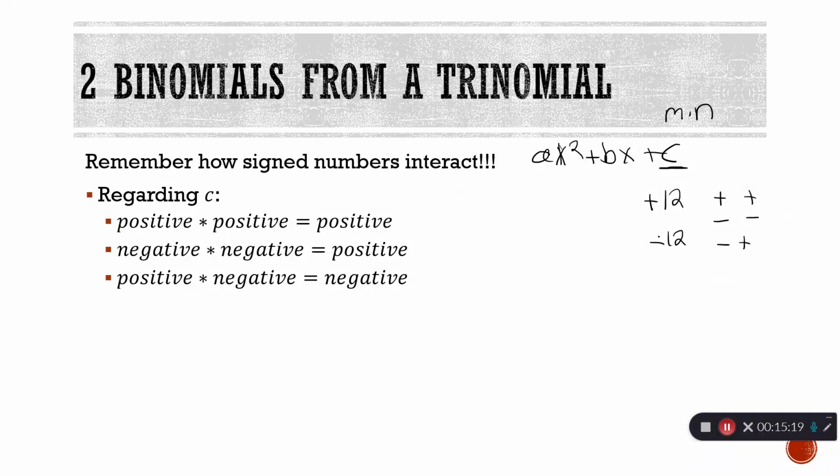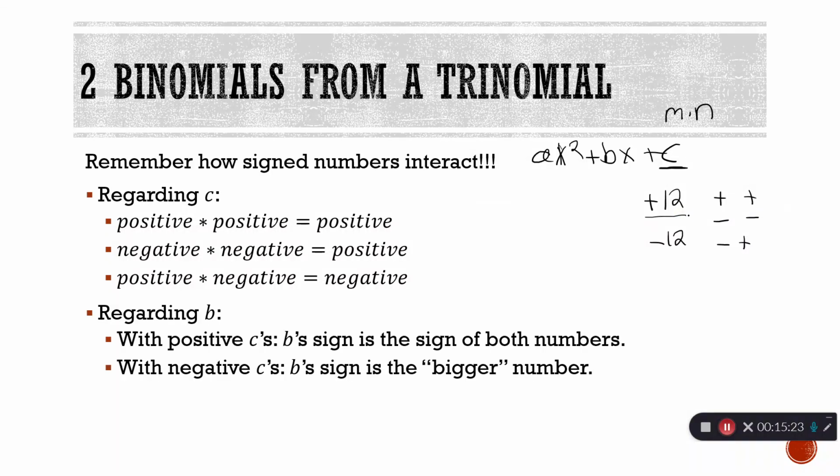So what if you get a positive 12? We don't know which is which, but B helps us. If you have a positive C, so let's say x squared plus 7x plus 12, B's sign is the sign of both numbers.